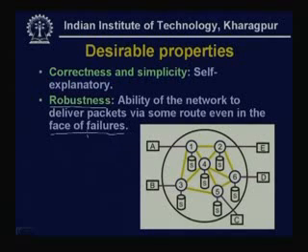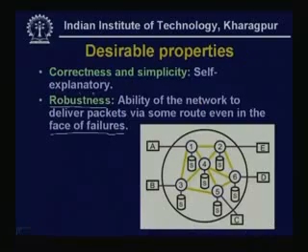Even in the face of failures and congestion, it is necessary that the routing algorithm is able to deliver packets to the correct destination. That is what is meant by robustness.